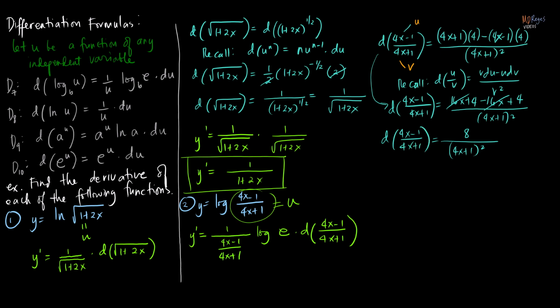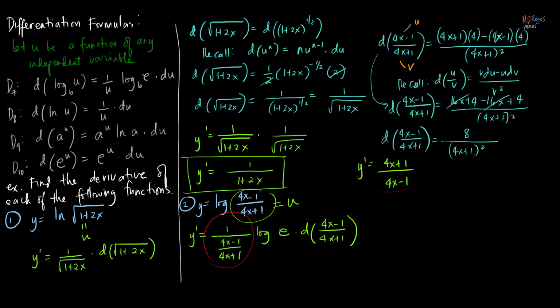Now we go back to y prime. Y prime is 1 over 4x minus 1 over 4x plus 1. This part, when simplified, let me encircle that using red ink. So when simplified, you'll have 4x plus 1 over 4x minus 1.